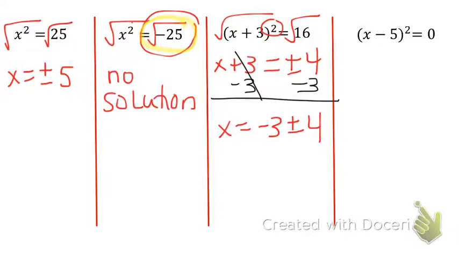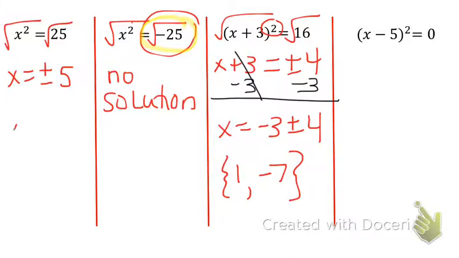I can add and subtract negative 3 and 4, so I'm going to simplify that further. Negative 3 plus 4 would give me the answer of 1, and negative 3 minus 4 would give me the answer of negative 7.